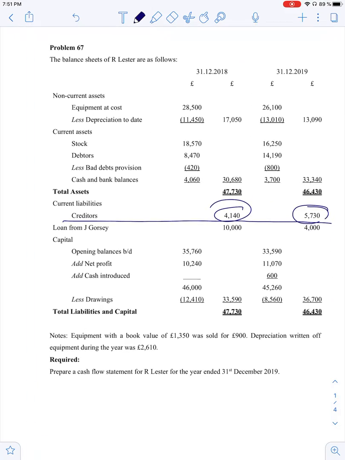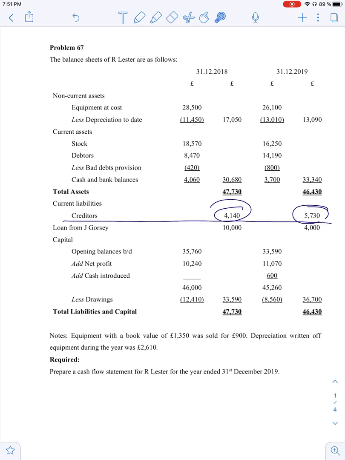And basically that company has only one type of non-current assets, equipment. And we were told that equipment was sold for 900. And we have to consider that sale proceeds because that amount of 900 pounds was never accounted for in the income statement, only the financial result.